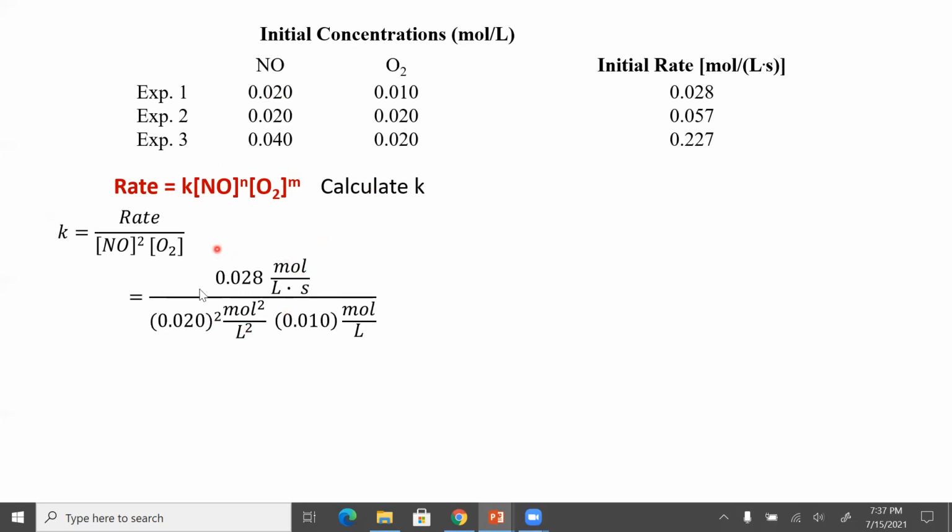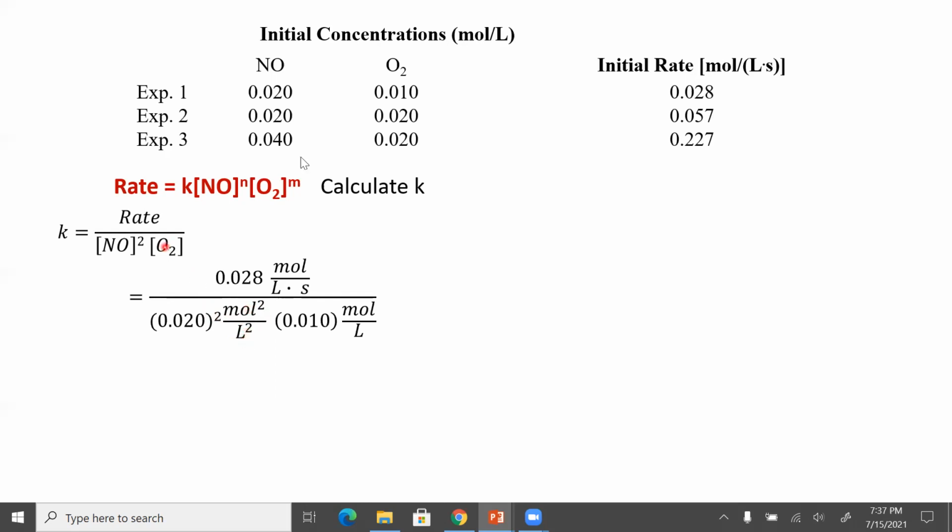So our rate is 0.028 moles per liter per second. The concentration of nitrogen monoxide is 0.020. I'm going to be squaring that number, but I'm also going to be squaring the units. It was moles per liter, but because I'm squaring it, it's moles squared over liter squared.